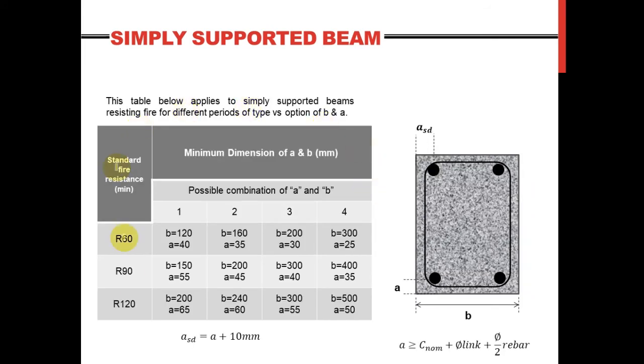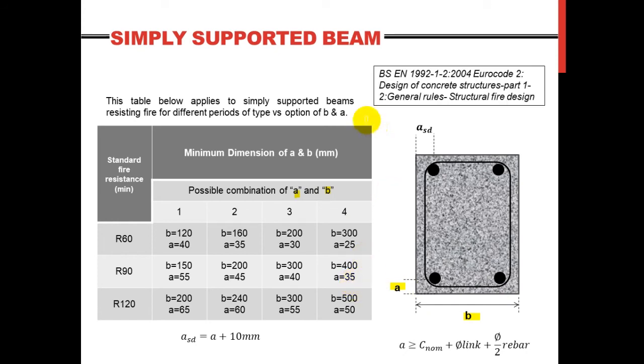The table shown here applies only to rectangular simply supported beams resisting fire for 60 to 120 minutes, along with 4 optional combinations of A and B. This is the B and this is the A. Of course, there are a lot more details, and reference again must be made to this document. And to understand this table, suppose I want my beam to resist fire for 60 minutes. Then I have 4 alternatives.